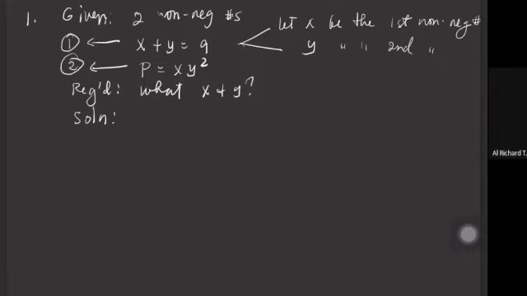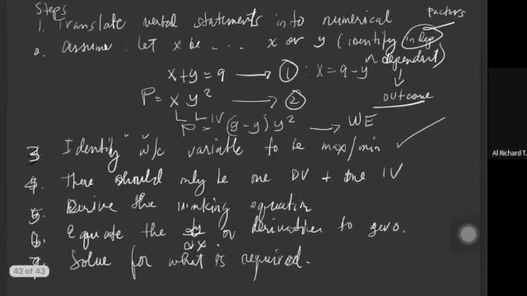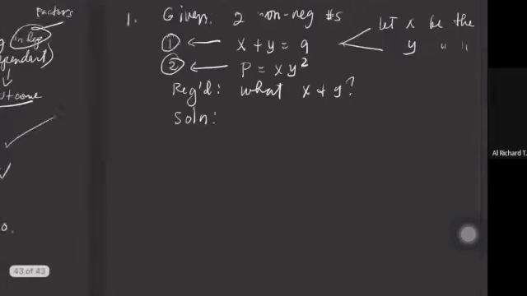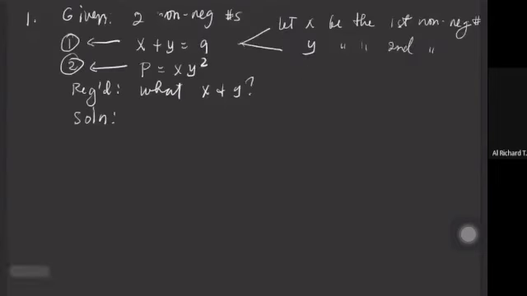And given from our steps a while ago, there should be only one dependent variable and one independent variable. So we solve for, let's say, x from equation 1. So from 1, we have x equals 9 minus y.